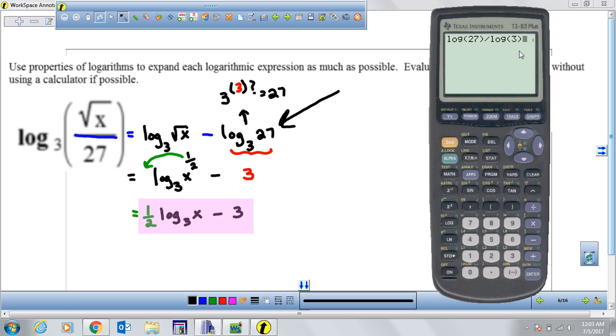And if you press enter, that gives you the power, which is a 3. That's what we got here. Also, if you interchange it and instead of log, you use ln of 27, natural log of 27 divided by natural log of 3, it is still going to give us the same result. That's what the definition tells you.